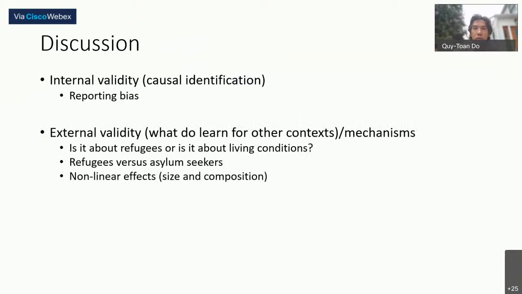I think the more interesting part of my discussion will be about the external validity. Just to be very clear, and I think you should clarify the semantics in the paper, refugees and asylum seekers are very different from a legal standpoint.